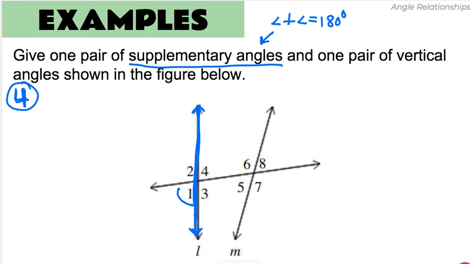So I could say angle 1 and angle 2. Could I also say angle 4 and angle 3? Those two add up to 180 degrees, right? You have so many options. Pick two angles that when made adjacent here, see how 2 and 1 share this side? Let me make this a little more clear. Angle 2 and angle 1 make a straight line.